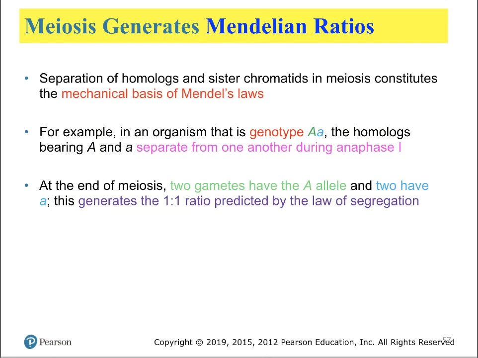Relating the cell cycle to what Mendel observed when he was conducting his experiments and Mendelian ratios that emerge from simple genetic crosses, we find that one supports the other absolutely.